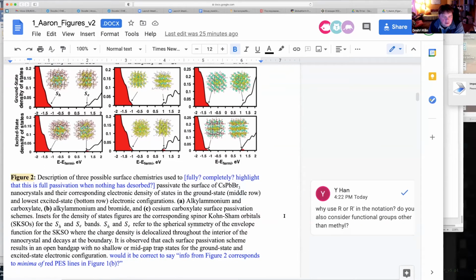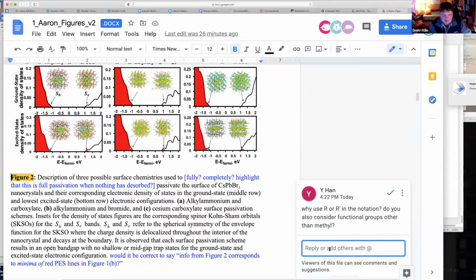I guess because experimentally, if you use this kind of letter, that means anything. It is not necessarily an alkyl chain. Yeah. So when we need to highlight that R symbolizes alkyl chain.